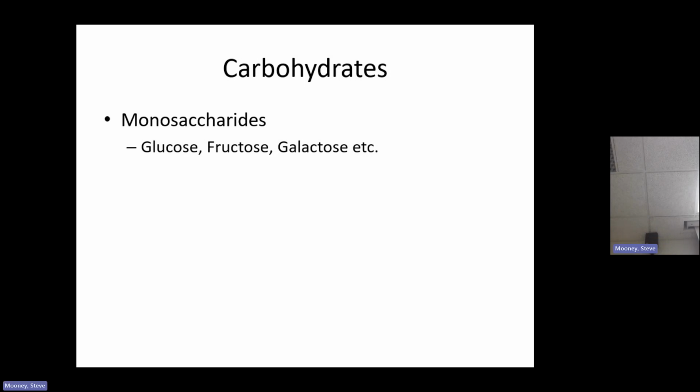Galactose, we take glucose, we rearrange it, it's a galactose. Anybody know where galactose belongs? We look at galactic, what does that mean?